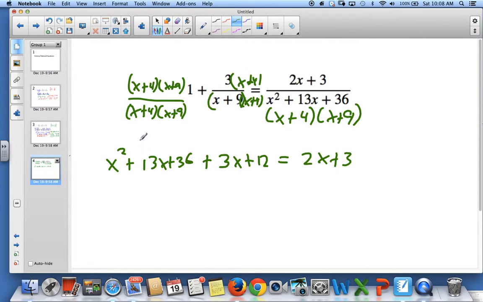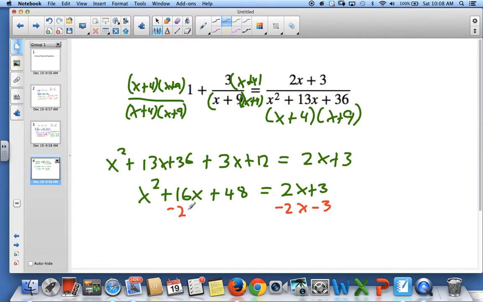Again, this is a quadratic equation. I want to set it equal to 0. Well, let's simplify a little better. x squared, 13 plus 3, that makes 16. x squared plus 16x. 36 plus 12 is 48. Equals 2x plus 3. And now I want to get rid of this 2x plus 3.